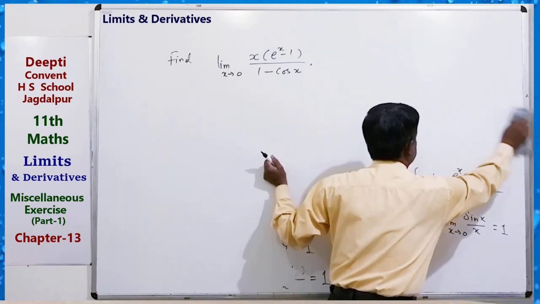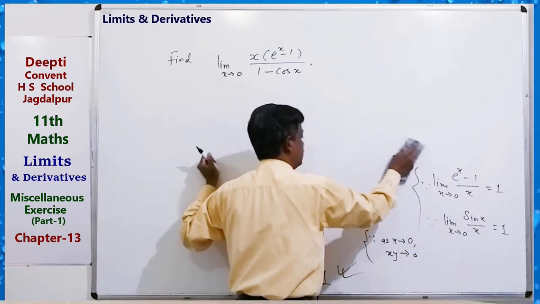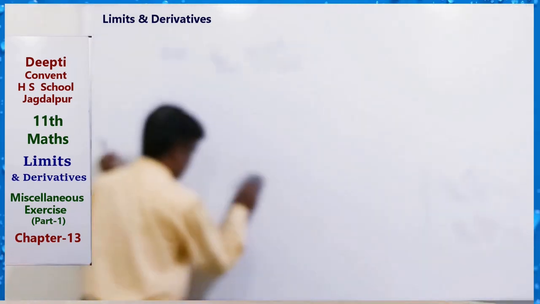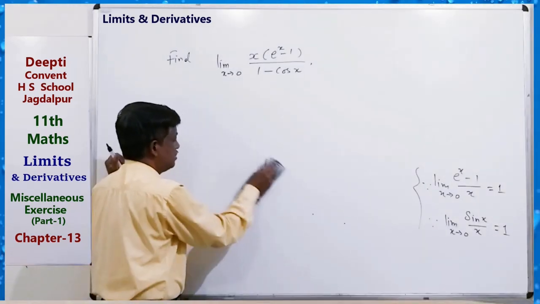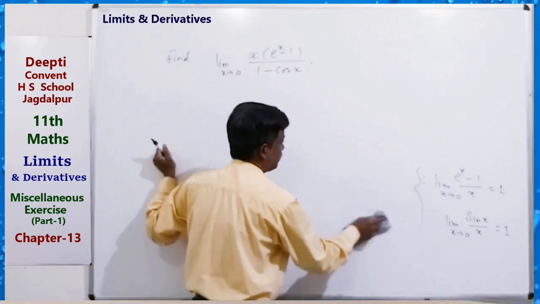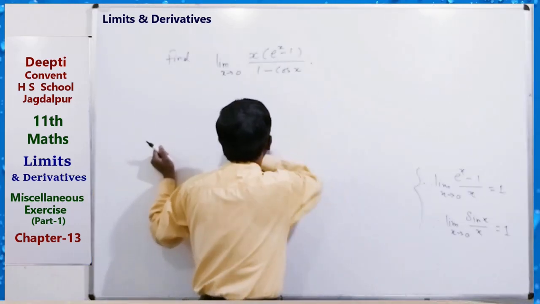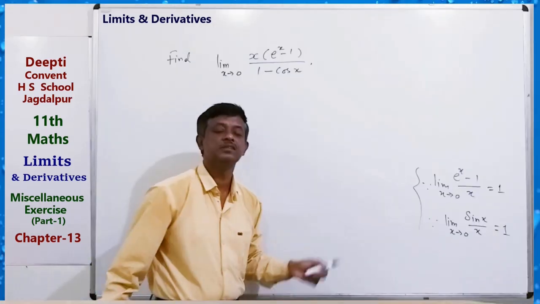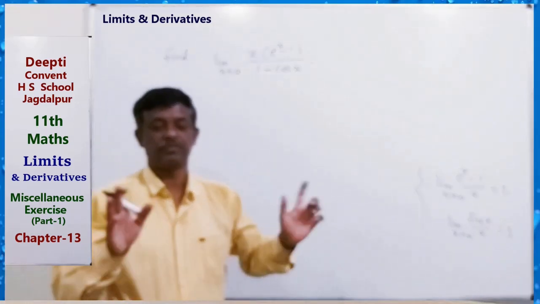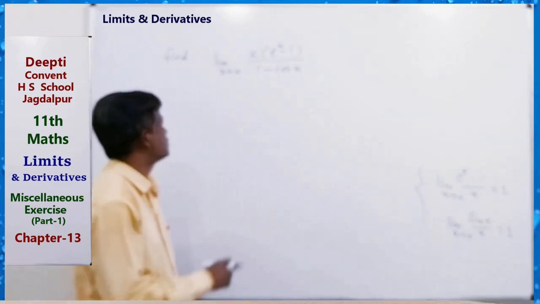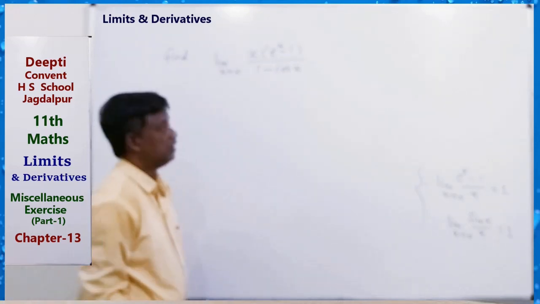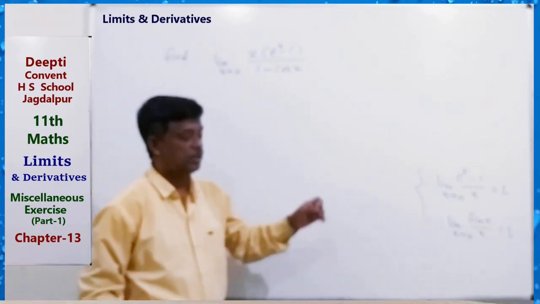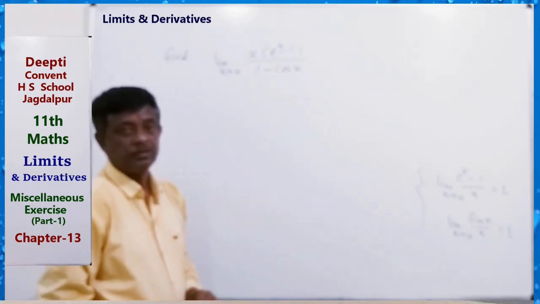In all those cases, we try to reduce the given algebraic or rational function in such a way that by putting x equal to 0 we can find some definite value. That is our limit. This is the process for finding limit. Here for finding limit we know some formulas.